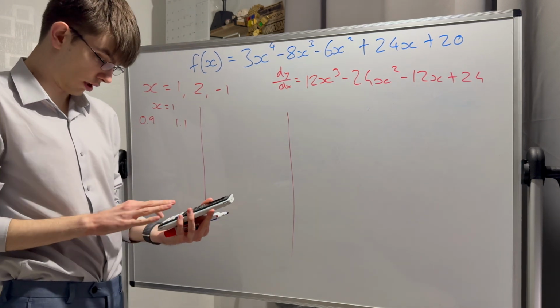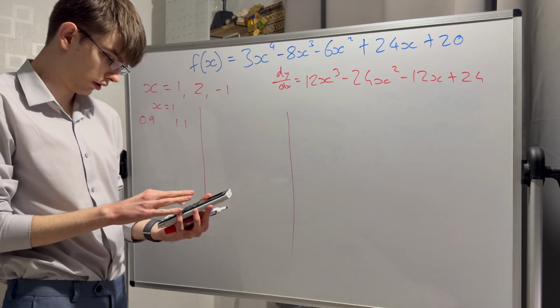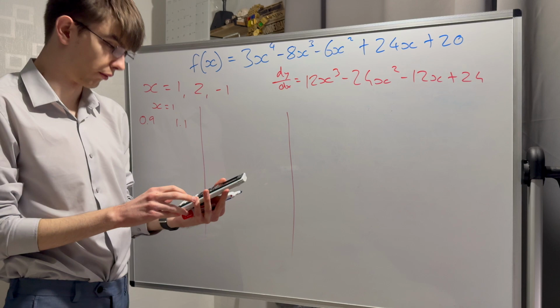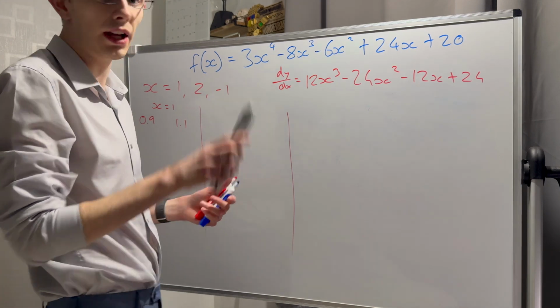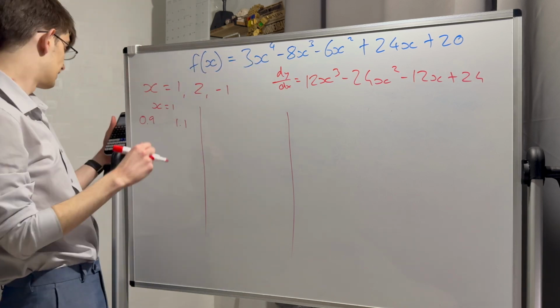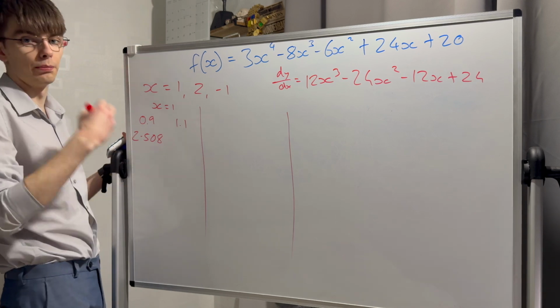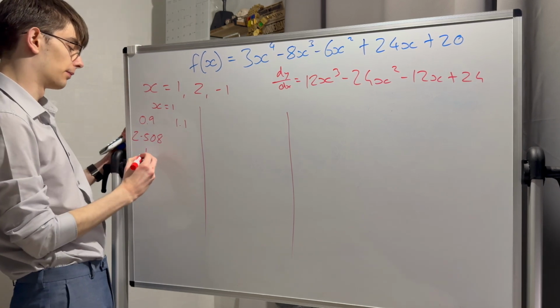So I get 0.9 cubed times by 12. I won't make you sit through all of this, I promise. Okay, and just like that, I find that 0.9 put into this gives me 2.508. The number's not important. What is important is that it is positive.